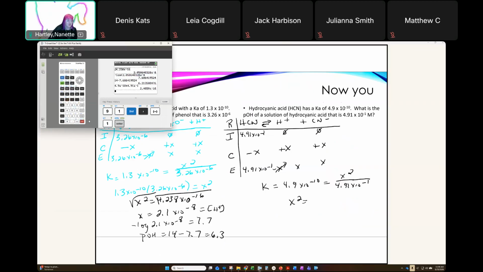And that gives me 2.4059 times 10 to the minus 10th is equal to X squared. And so my X being the square root of both of those.